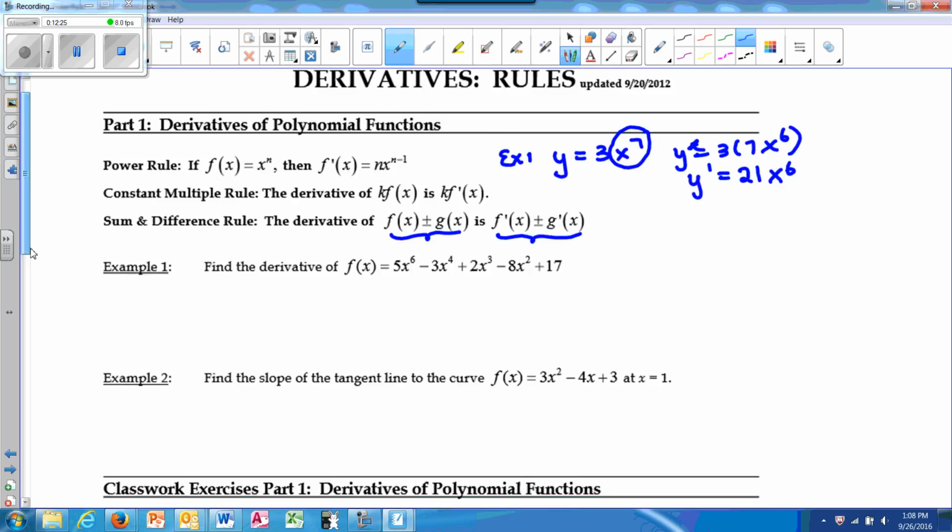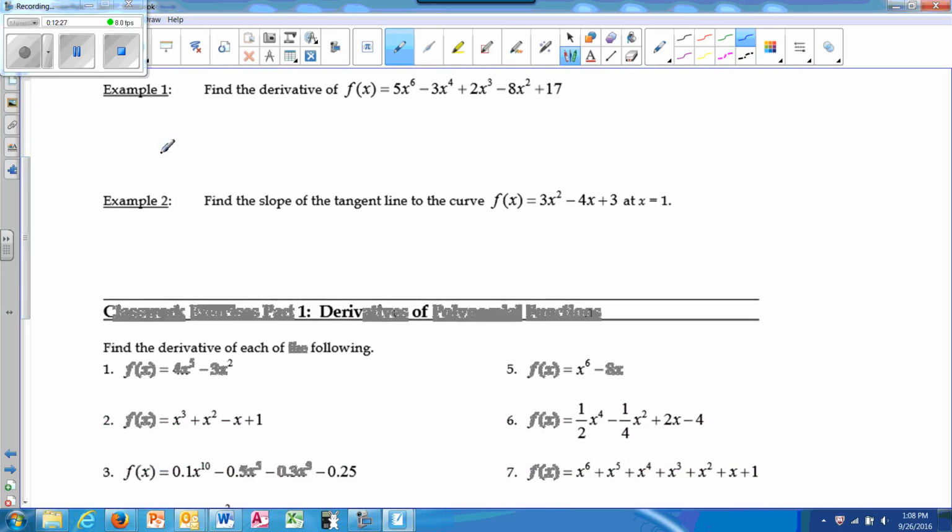The other rule is that when we have addition and subtraction, I can simply do the separate pieces. So for example 1, when I'm finding this derivative, I don't have to try to do the entire polynomial at once.